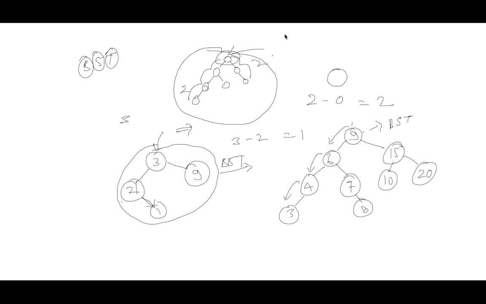Once you come to 3 and it does not have any nodes, you can traverse back, and 3 is already visited, then go back to 4 and see the right node. If it has a right node, then it has to be greater, otherwise go back. 4 is visited, and going back, from 6 the right side is 7, and that's good. For 7, it does not have a left node, and on the right side it is 8, so we are good. Then back to 9, and we can do the same thing on the right side as well.